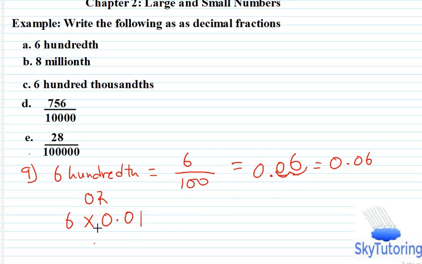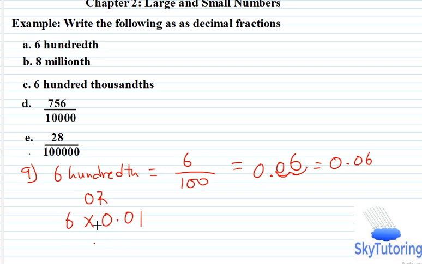Same thing here, if I'm multiplying this, remember I am multiplying by powers of 10. But in this case, it's a decimal. If it was a whole number, I would move to the right. But in this case, it's a decimal, so I will move to the left.